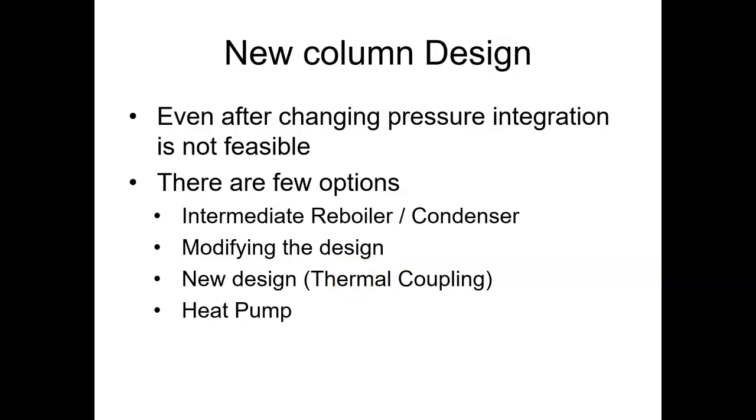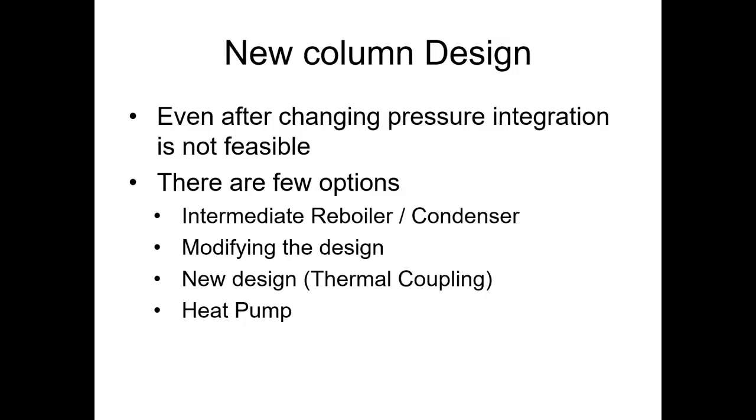In today's video, we are going to discuss various new column designs, or modifications in the existing column design, so as to save energy if the column is not properly placed.